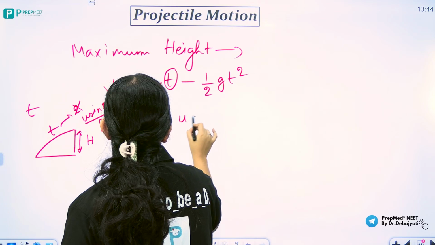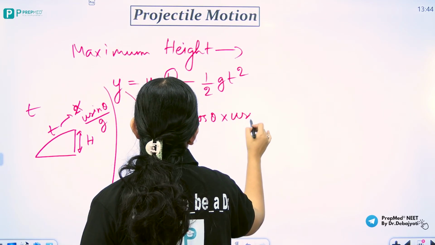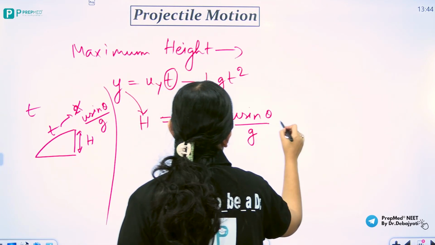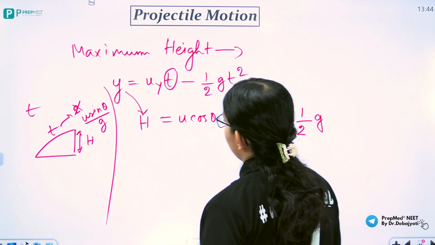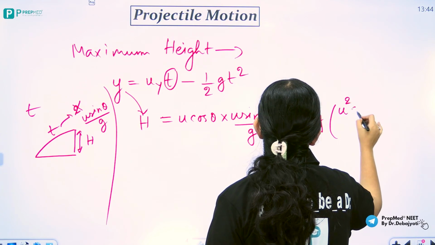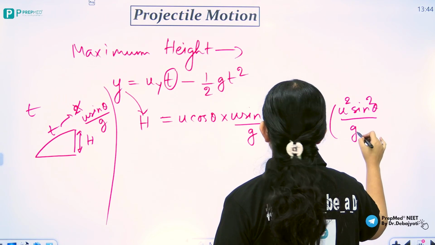So u cos theta into u sin theta by g minus half g into t square, again u square sin square theta by g square.